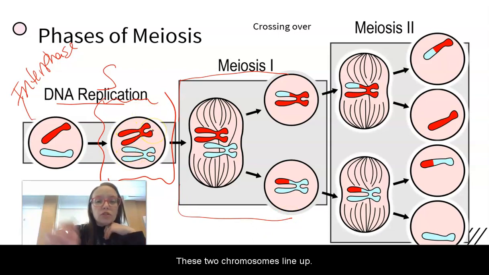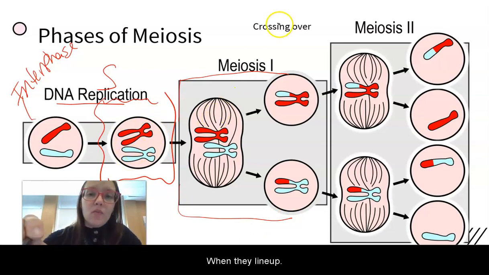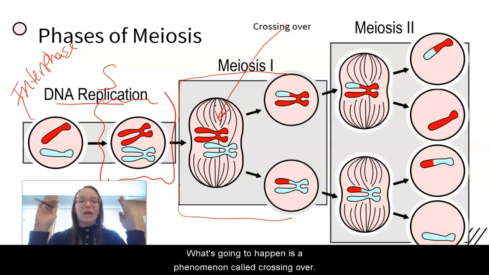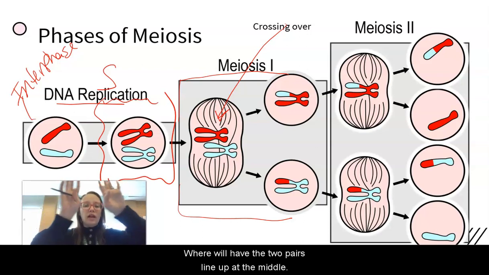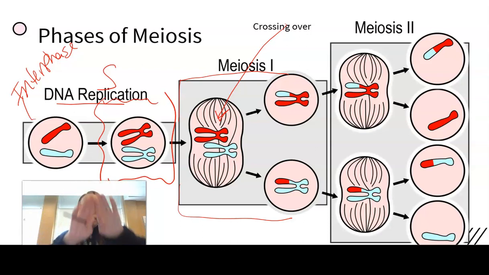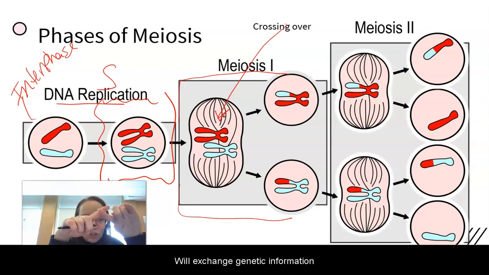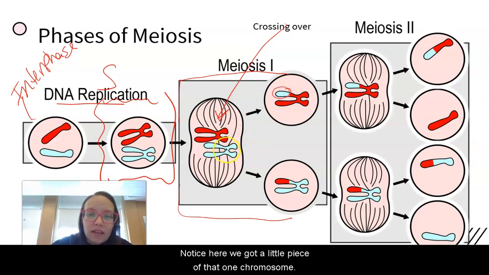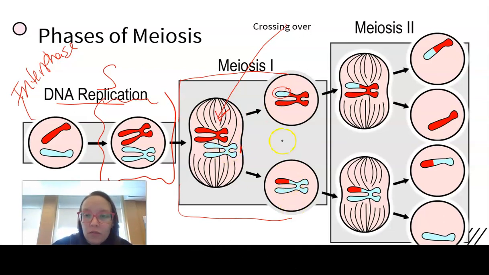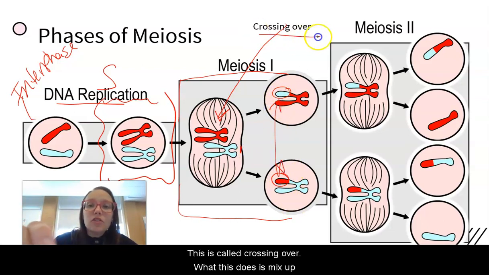These two chromosomes line up, and when they line up, what's going to happen is a phenomenon called crossing over, where we'll have the two pairs line up at the middle, and then pieces of those two different sister chromosomes will exchange genetic information. So notice here we've got a little piece of that one chromosome that has swapped places with the other. This is called crossing over.